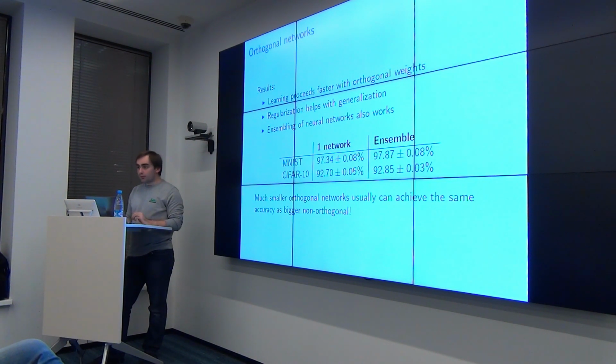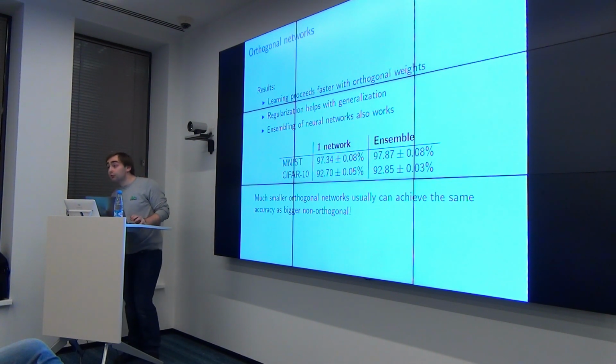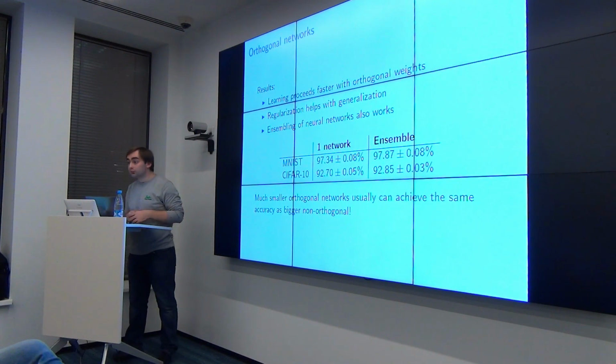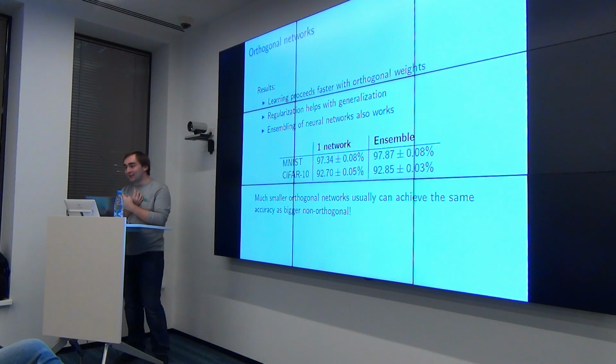And which accuracy does the standard VGG network get? Well, there is no standard VGG8. There are only VGG11, 13, 16, and 19. However, we've compared this accuracy with non-orthogonal VGG16.